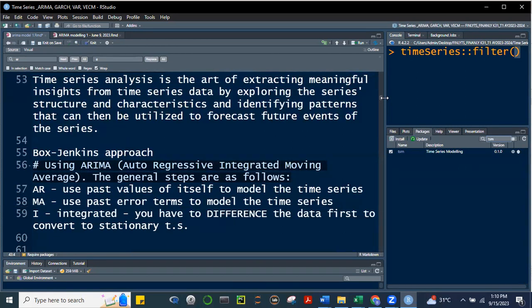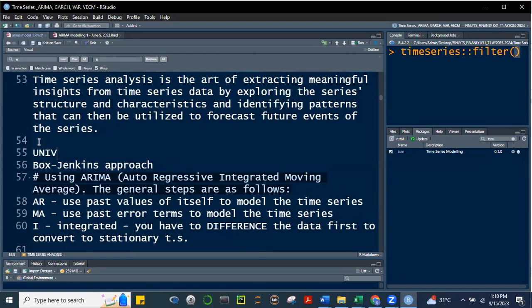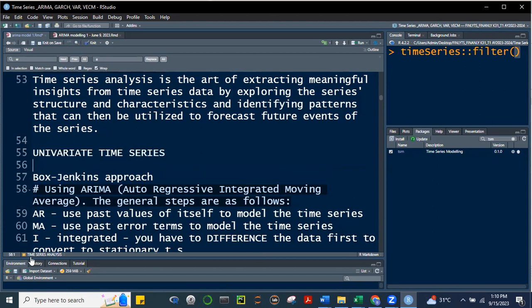So it's a univariate time series. When I say univariate, I'm just looking at one variable. We may be looking at sales, revenues, or stock prices. But we're just looking at one. You might have several variables, but we're just modeling one.